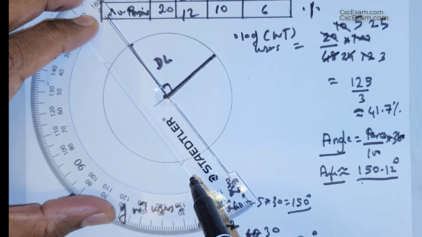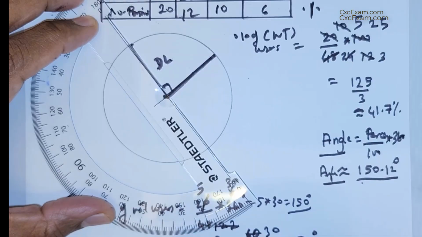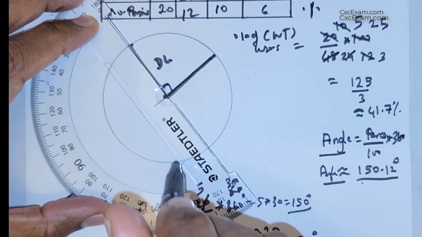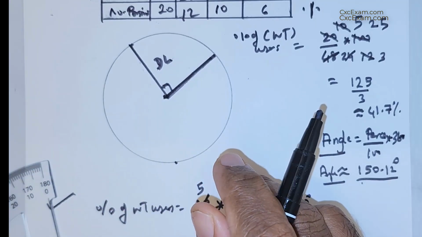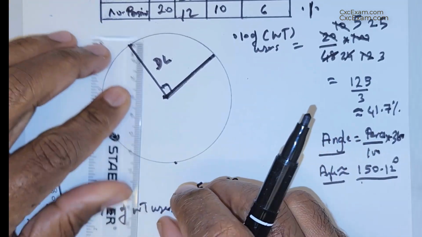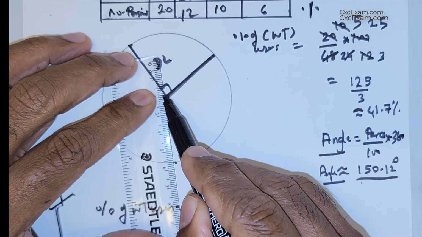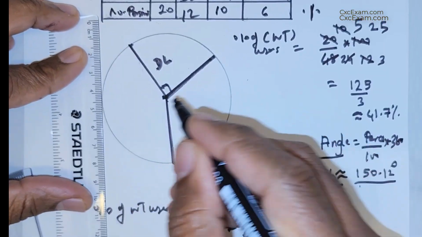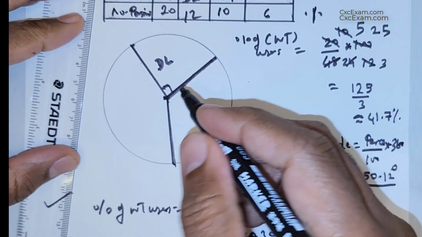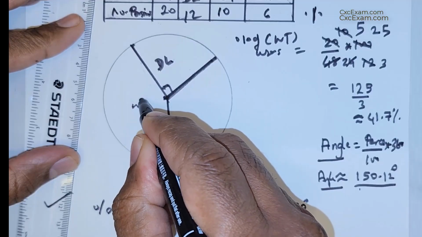If you see here, 150 degrees is actually coming right over here. So this is the 150 degree angle. What you can do is connect that 150 degrees. It's connected. So this is going to be VT users.